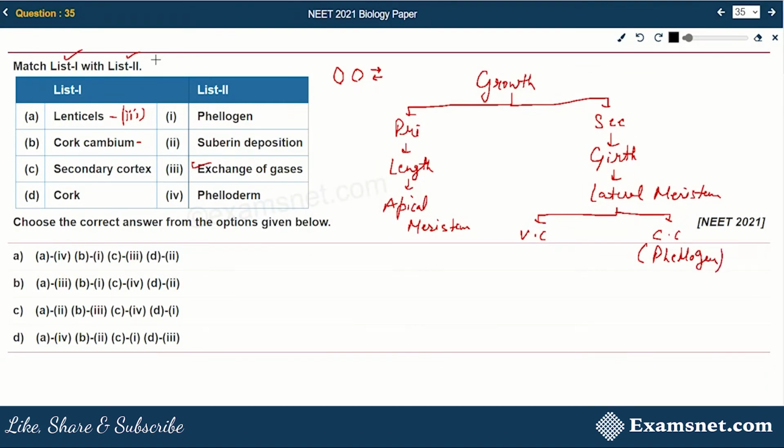So the correct match for cork cambium will be number 1, that is phellogen. Now this phellogen cuts the cells on both sides. For example, this is the cell and this is the phellogen. The shaded portion is phellogen. So it is cutting the cell in two parts, the inner part and the outer part. The outer part differentiates into cork, and this cork has a deposition of suberin in its cell wall.